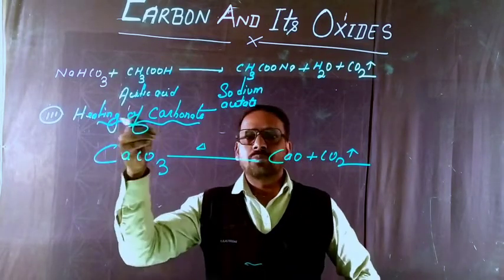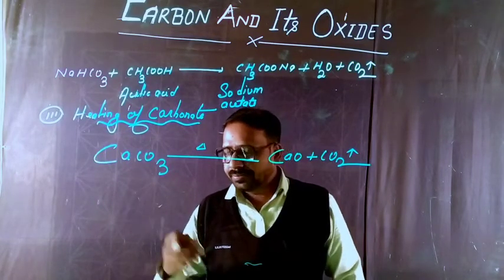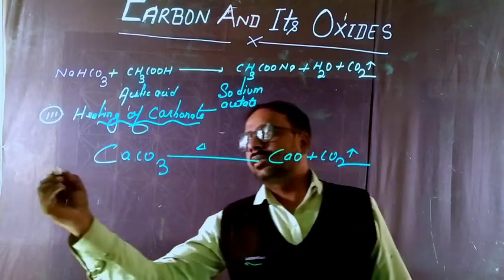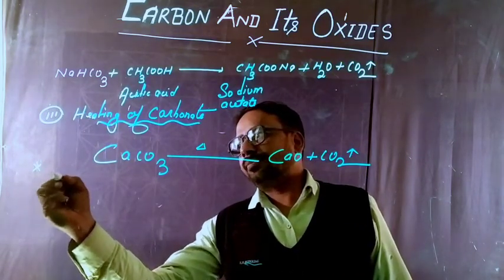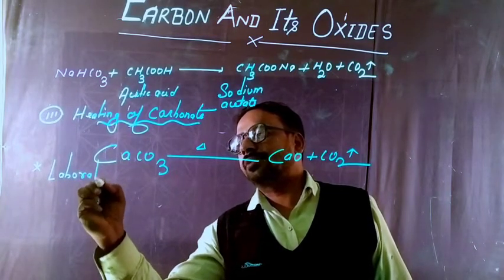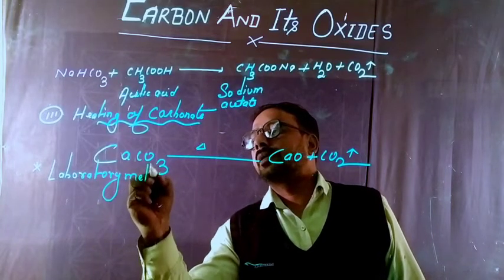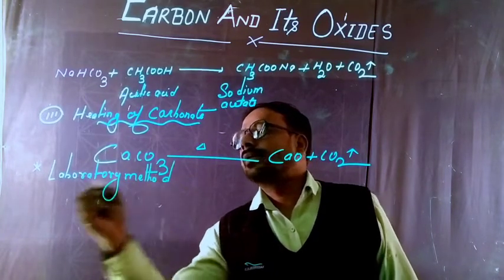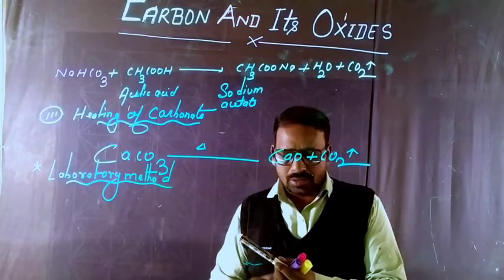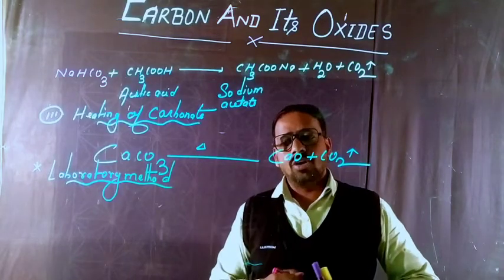So these 3 processes we have already discussed for how to prepare the carbon dioxide. Now it is the most important laboratory method. It is a very important method in which we will prepare the carbon dioxide.